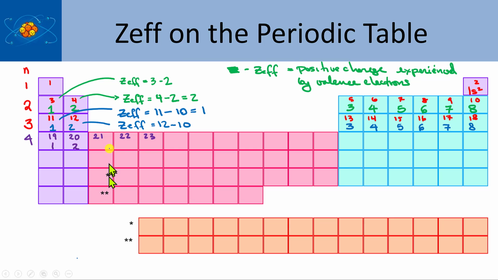And one of the things we don't take into account is how the shape of the orbital and penetration really affect the ability of an electron to screen other electrons. Because of the number of lobes on the transition element orbitals, the d orbitals and the f orbitals, remember the lobes are shaped like this, right?